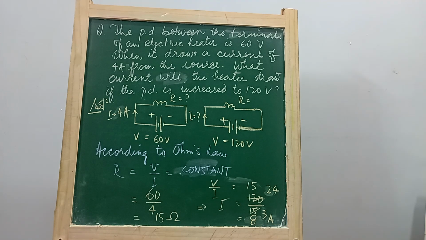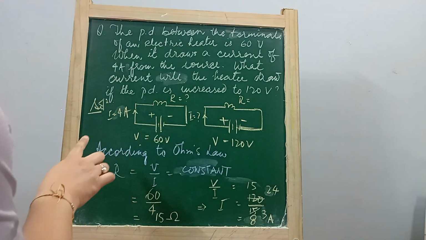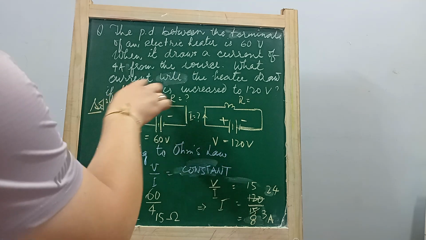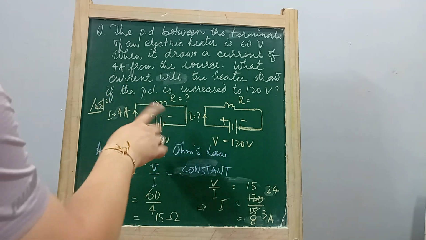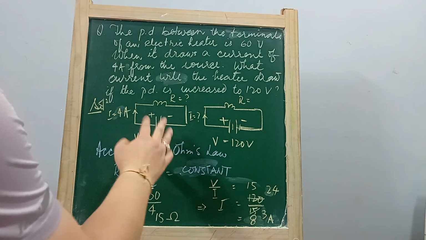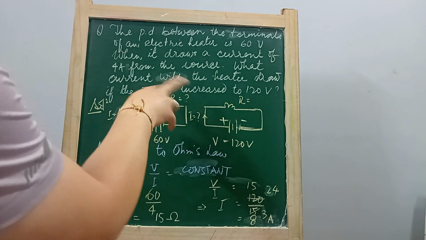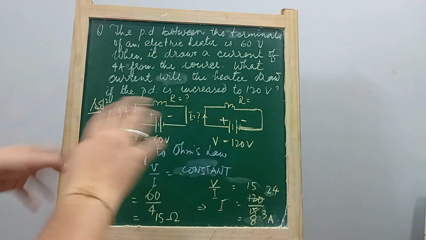This is the electric heater, and electric current is flowing through the heater while maintaining a potential difference. As the potential difference increases or decreases, the current drawn by the appliance will increase or decrease.